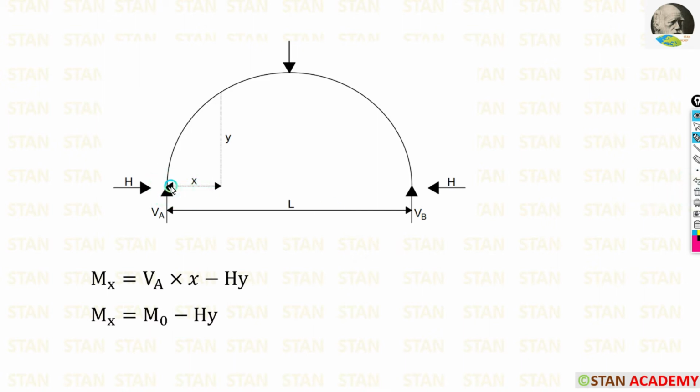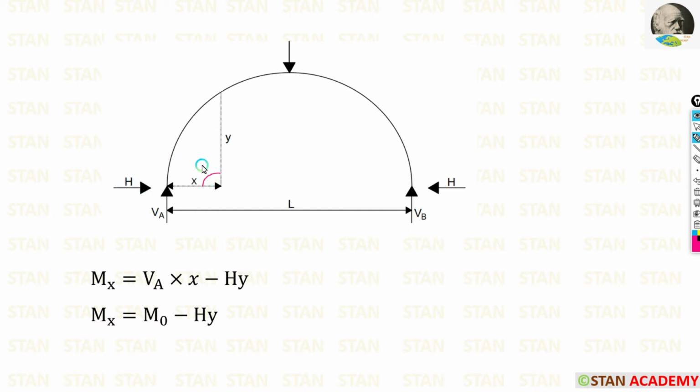In this arch, I am going to take moment about x. The reaction Va is acting towards x in the clockwise direction, so positive, and the distance is x, so Va into x. When the horizontal thrust comes, we have to multiply with the height, because when the load comes, we have to multiply with the perpendicular distance to get the moment.